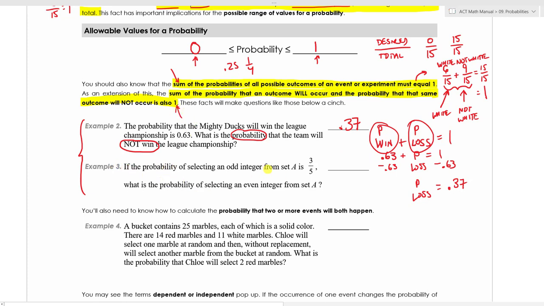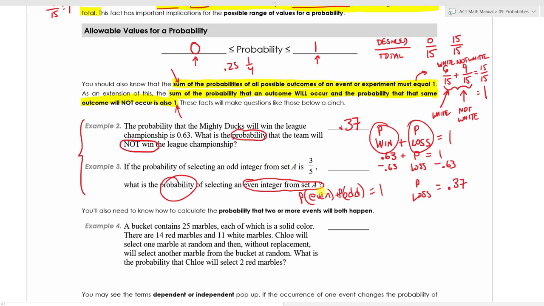In example 3, the probability of selecting an odd integer from set A is 3/5. What is the probability of selecting an even integer from that same set? Well, again, there are only 2 types of integers. There's even plus odd, so our probability of even plus the probability of odd, don't worry about the notation here, I know I'm switching it up from the previous example, must equal 1.